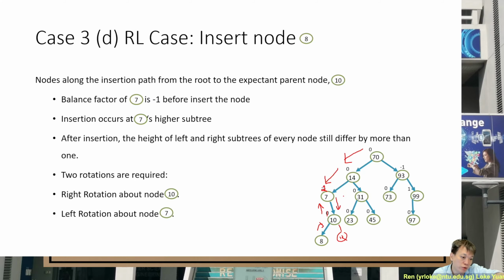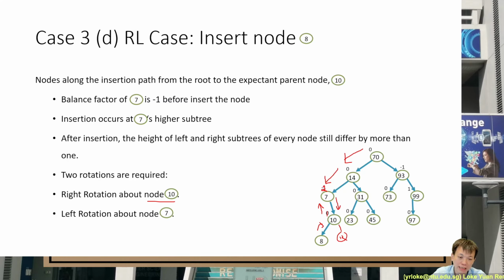Then you do the rotation, because the purpose of this rotation is trying to let the left side... First, I do the right rotation about node 10, trying to let the right side be higher first. Then you do the left rotation.